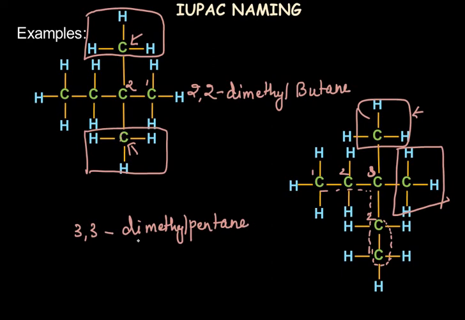We need to number both the groups separately, because if they are not on the same carbon atom, then one of the numbers will change. It may be 2,3-dimethyl pentane. Here both the methyl groups are on the same carbon atom, so it's 3,3-dimethyl pentane.